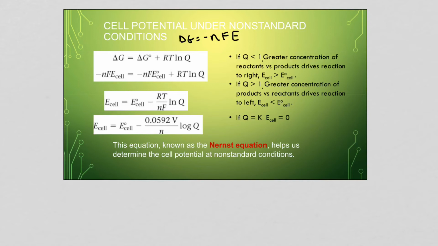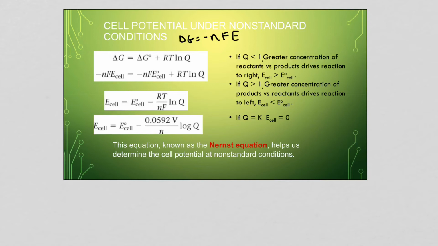If I have a Q greater than 1, meaning I have more products than reactants, then the reaction is going to be disfavored under these conditions, and we're going to end up with a cell potential that is lower than under standard conditions. In other words, the reaction is going to be less favored, or more reactant favored, under these conditions.